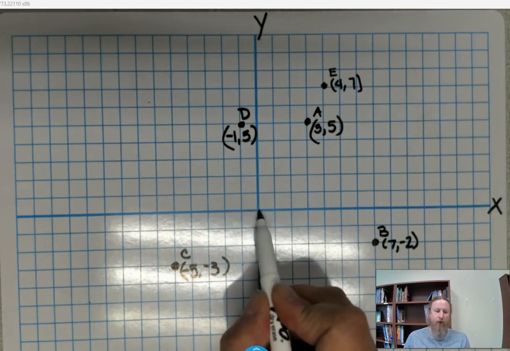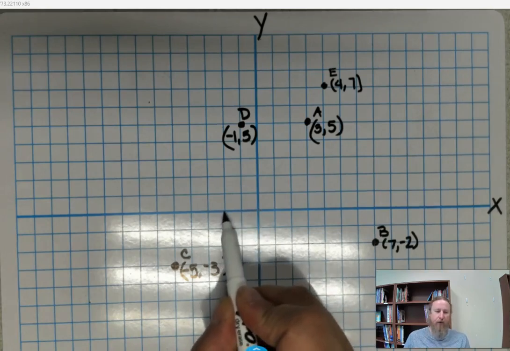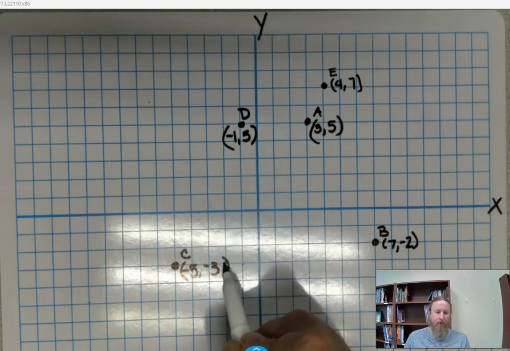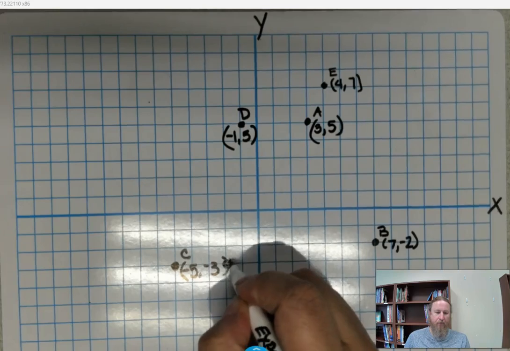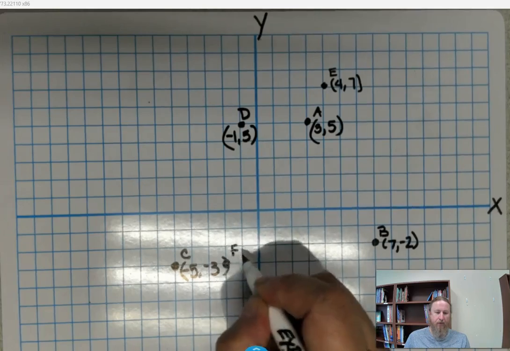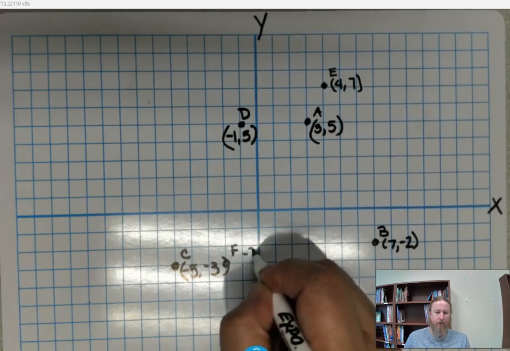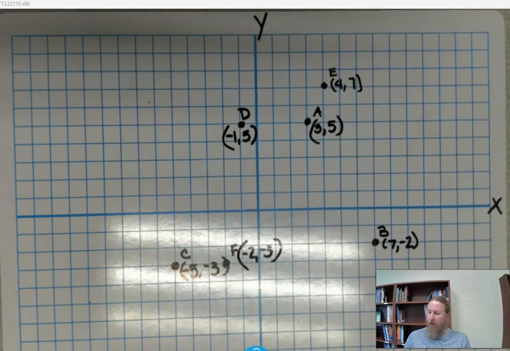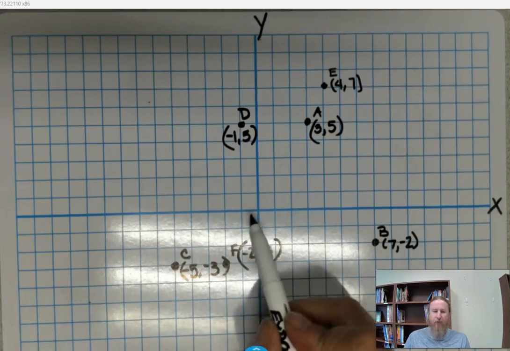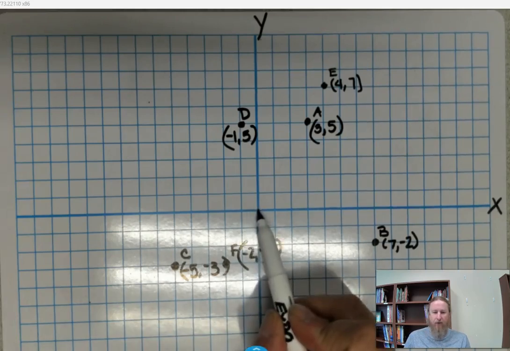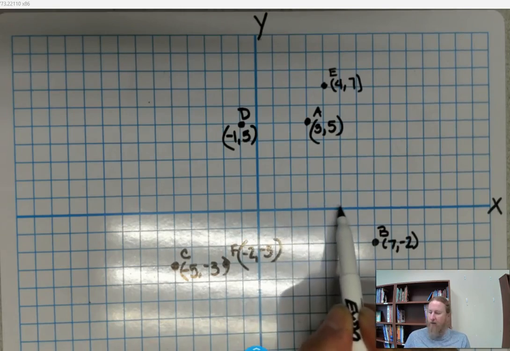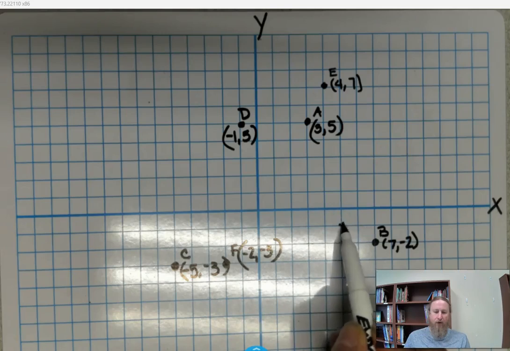So we go to the left 2, and then we go down 3. And our last point, point G, is 5, negative 1. We go to the right 5, and then down 1.